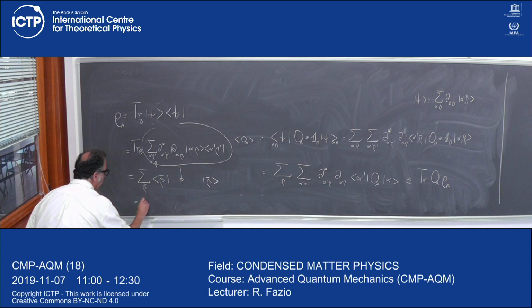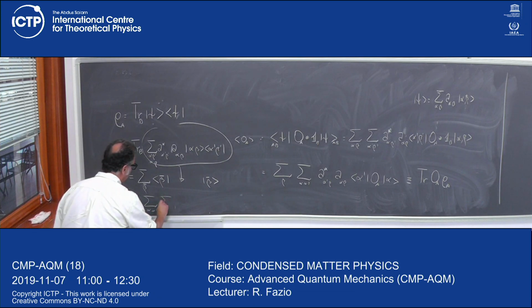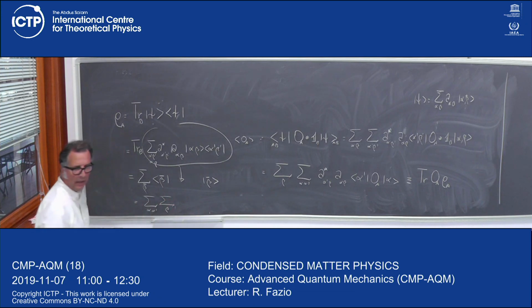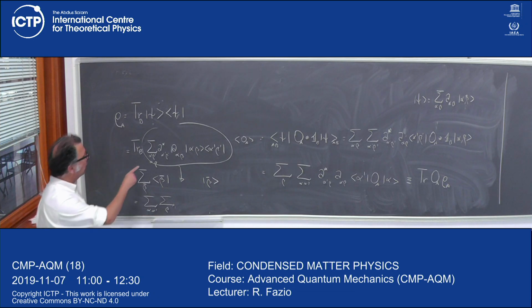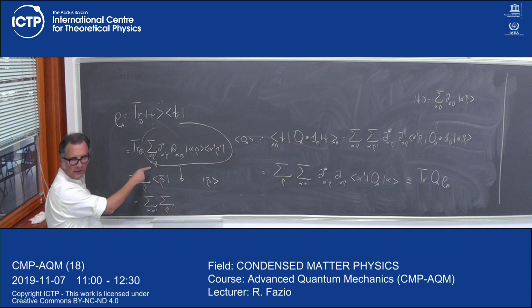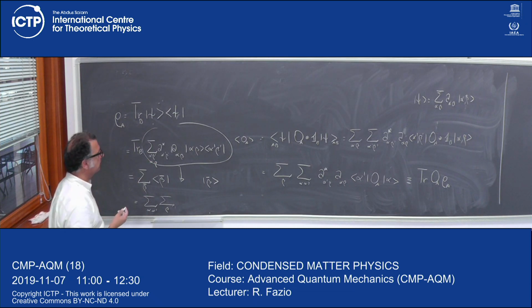So this is equal to the sum over alpha and alpha prime. Sum over beta, because you have a sum over three betas and two delta functions, you get a single sum.